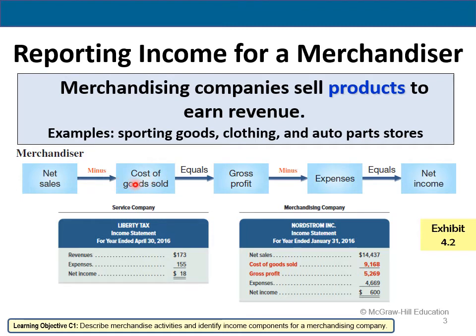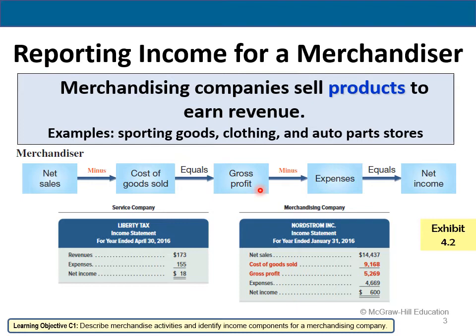So that's how cost of goods sold works. It is an expense. The difference between those two is gross profit. You want to think of gross profit as the difference between the revenue of the sales and the cost to make that sale.